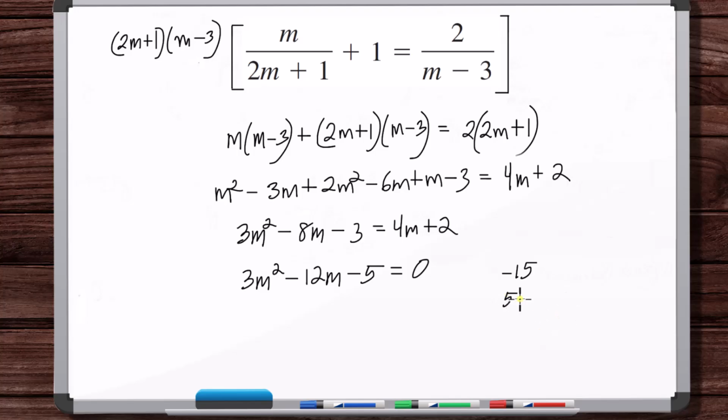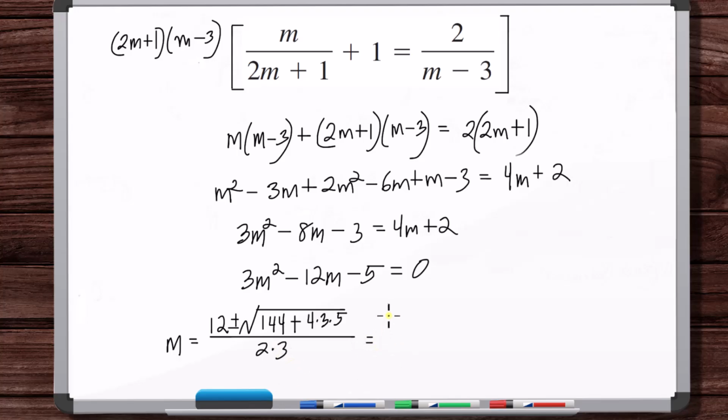So 5 times 3, no. So we need to just go ahead and use the quadratic formula. So m is equal to minus b plus or minus the square root of b squared minus 4 times a times c, all over 2 times a.